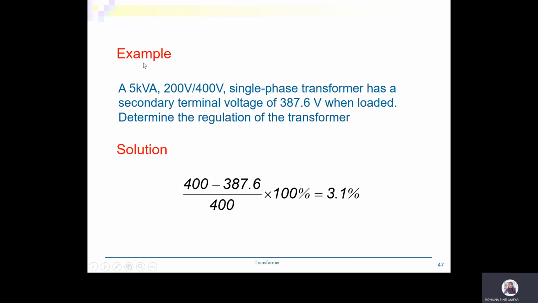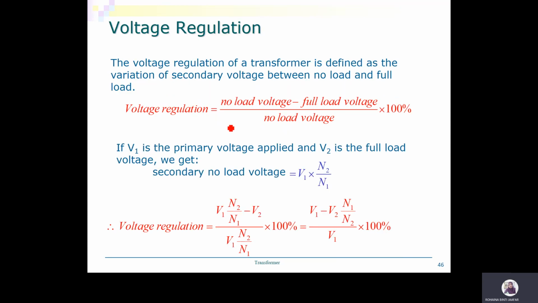This is an example of voltage regulation calculation. A 5 kVA transformer is your S, with Vp over Vs given. The single phase transformer has a secondary terminal voltage when loaded. Determine the regulation of the transformer. For this one, you use this formula.